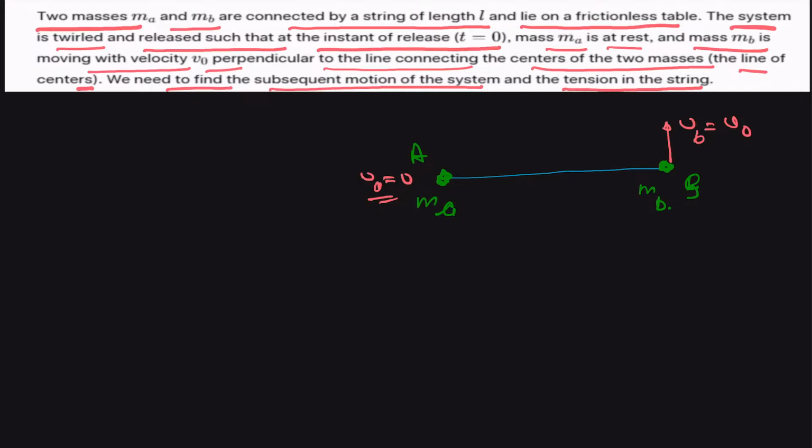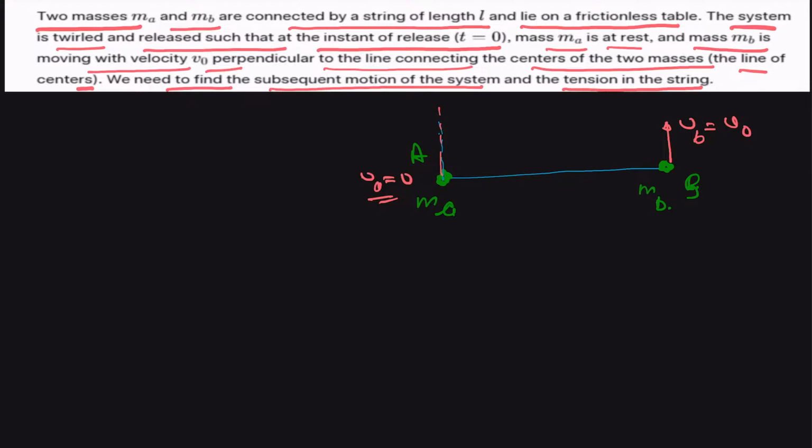So VB is having a velocity of V0, and VA is equal to 0. So let us say we draw a coordinate system at t equal to 0, and we put the position of MA at the origin.